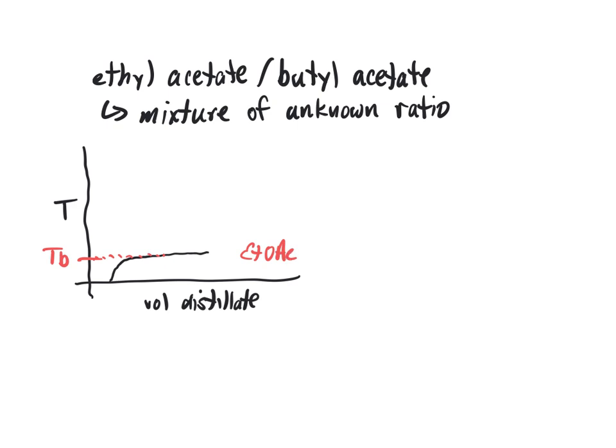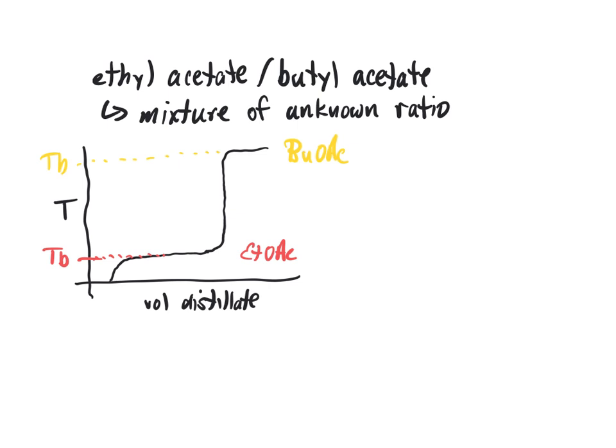Then, as the ethyl acetate boils off, the temperature should start to rise until it reaches something close to the boiling point temperature of the butyl acetate. Right?